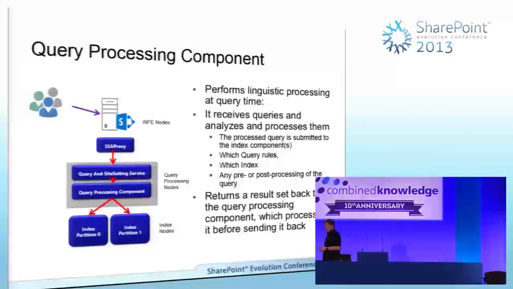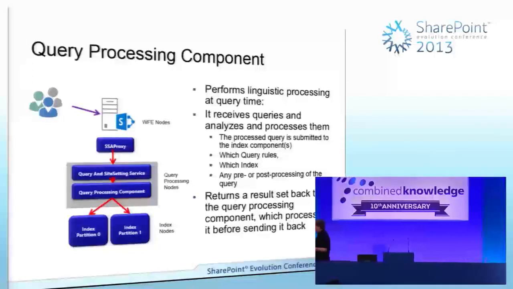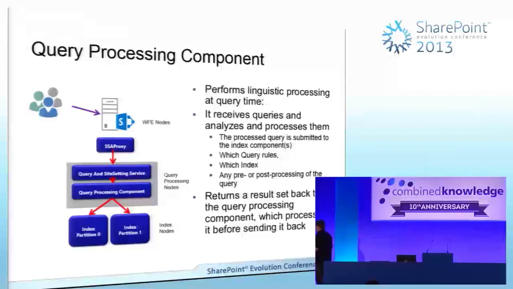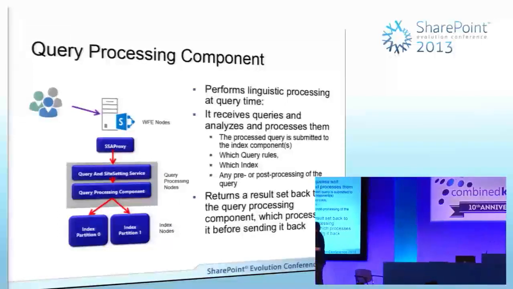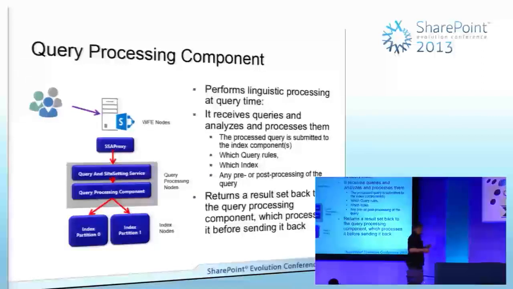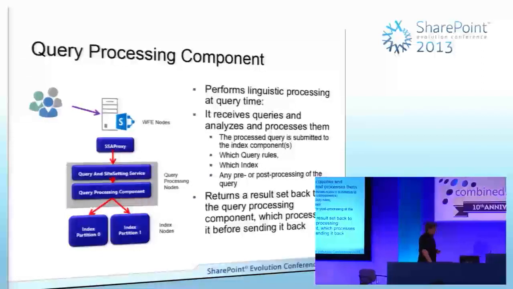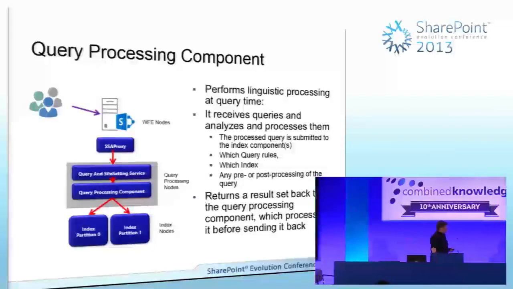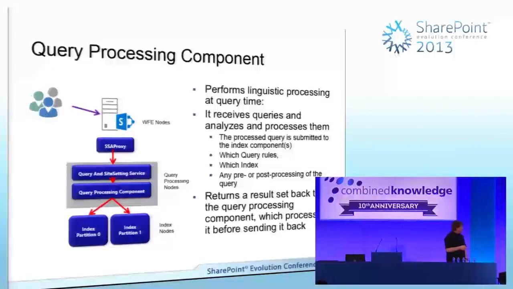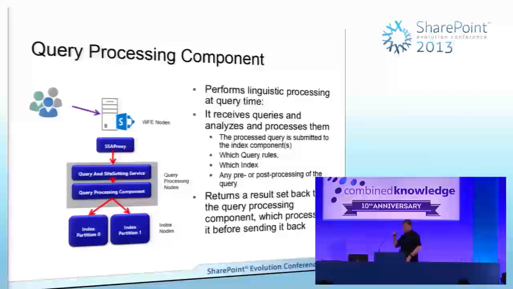That sits on whichever machine you provision it on, and it talks to the query processing component, which talks to the indexer nodes. Now on Wednesday, we'll talk a bit more about index partitions as well. Primarily, the concept is similar to 2010, although there are a few changes, which again, like I said, we'll talk about more on Wednesday.